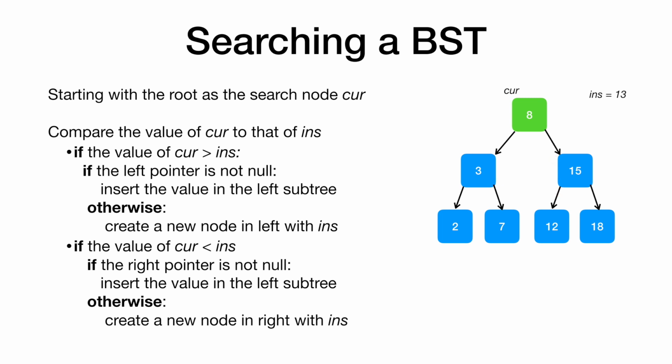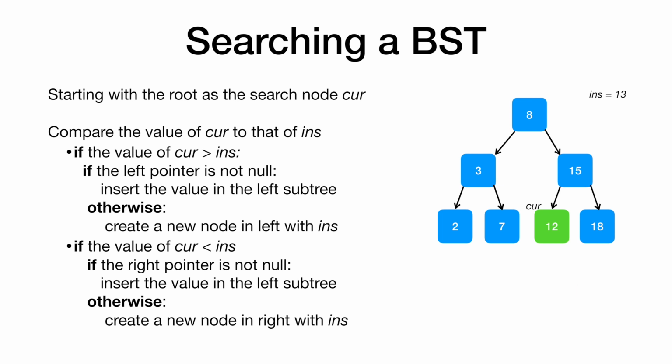So let's look at this for 13, which last time in the other video we saw doesn't exist in our list. We start at 8. Well, 8 is smaller than 13, so it must be in the right child. 15 is bigger than 13, so it's got to be in the left child. And at 12, it must be in the right child because 12 is smaller. But now we've hit that null pointer, right?